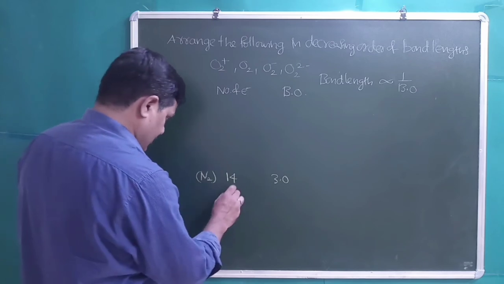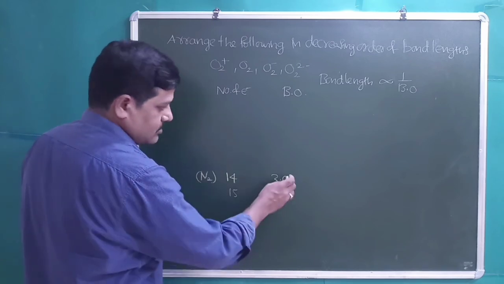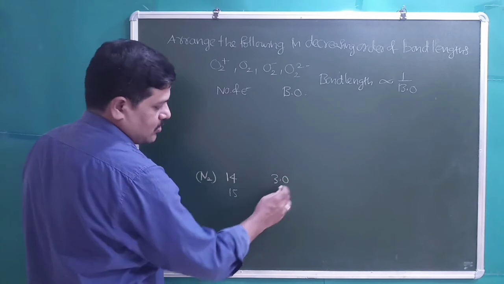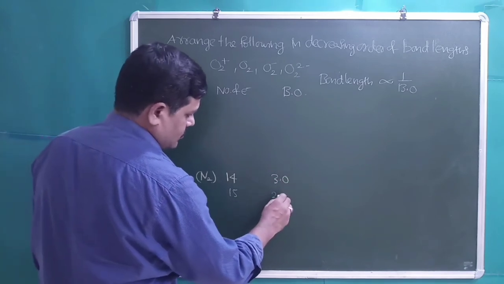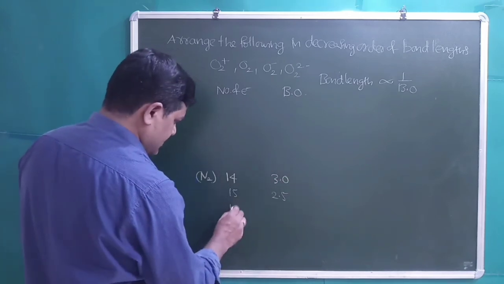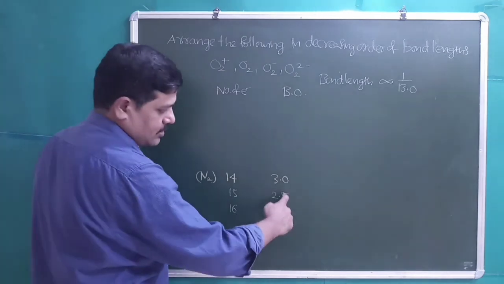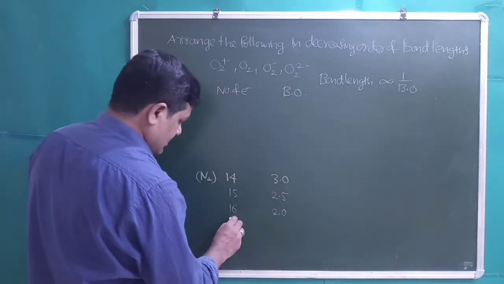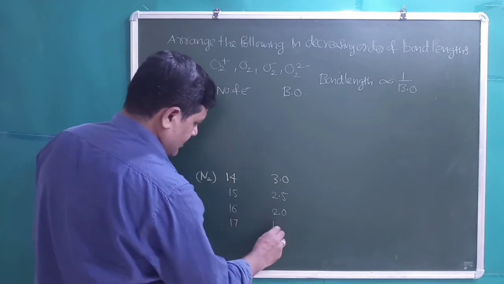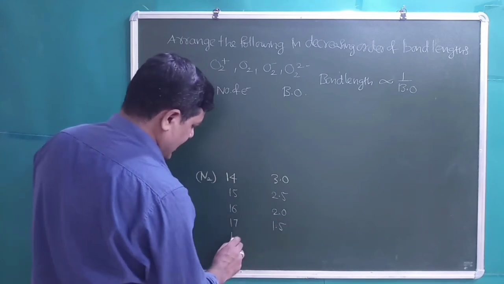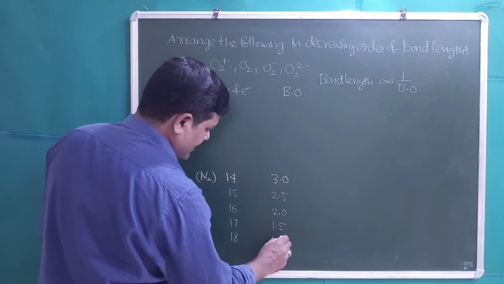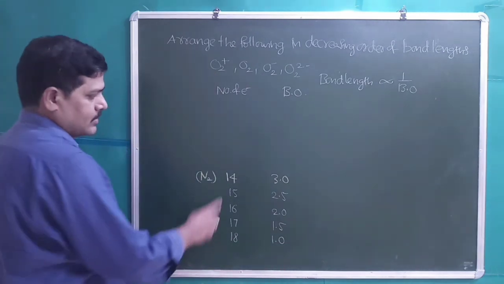Then 15 electrons, 3.0 minus 0.5 gives 2.5. 16 electrons, 2.0. 17 electrons, 1.5 is the bond order. 18 electrons, 1.0 is the bond order.